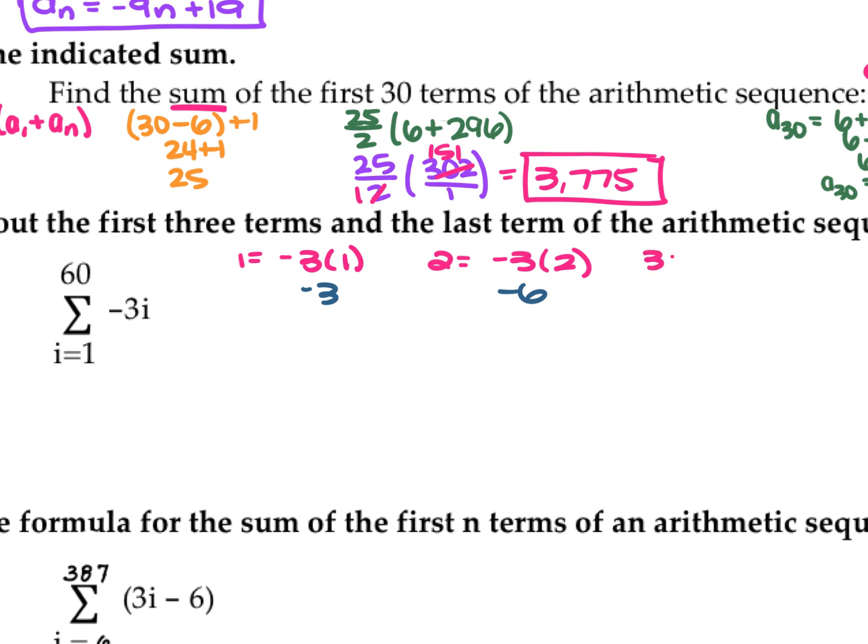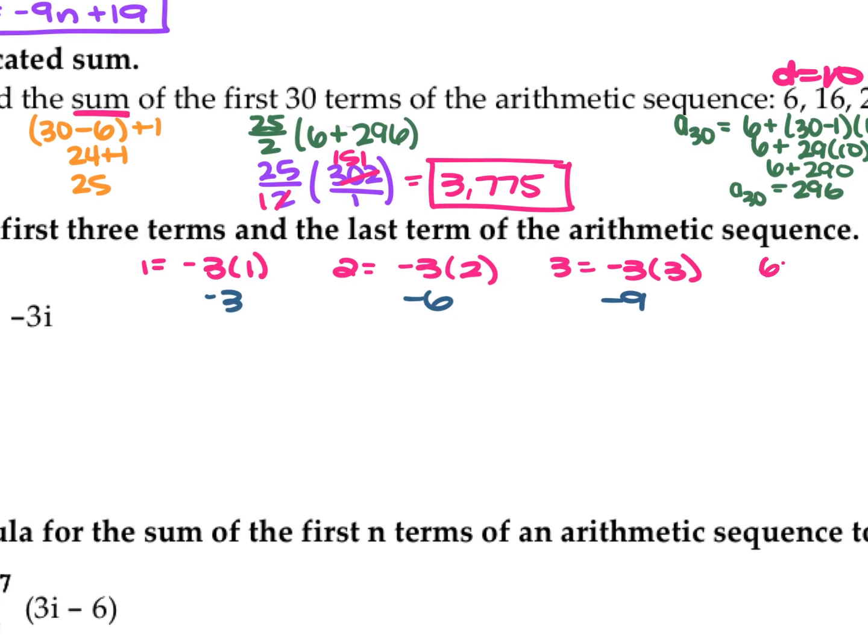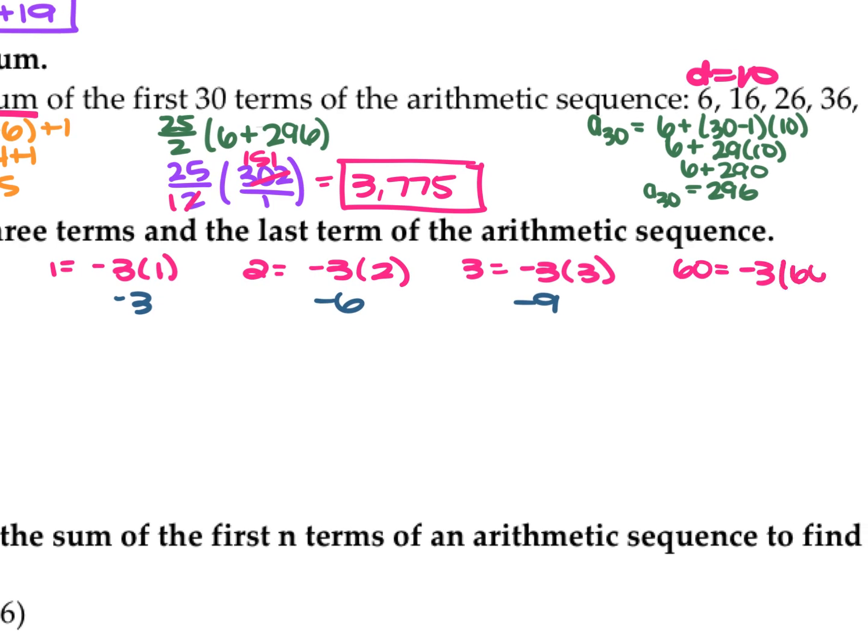The third term is negative 3 times 3, which is negative 9. And the 60th term is negative 3 times 60, which is negative 180. So your sequence should look like this: negative 3, negative 6, negative 9, dot, dot, dot, which means it continues all the way up to negative 180.